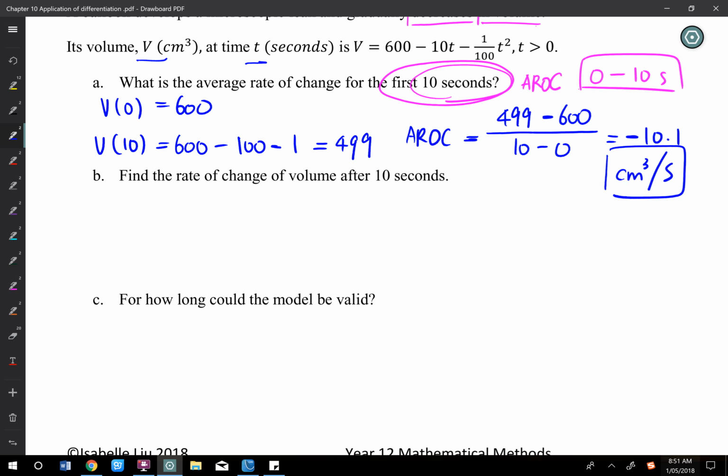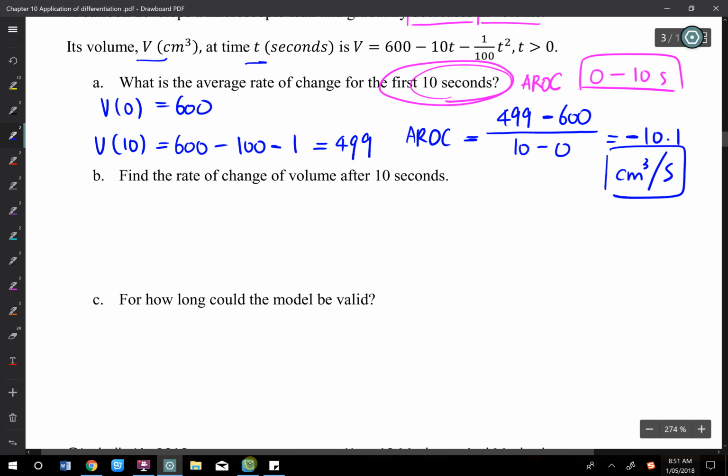Okay, if I ask you to answer the question, to express what this solution means, you will say there's a decrease in volume of 10.1 centimeter cube per second in the interval of the first 10 seconds.